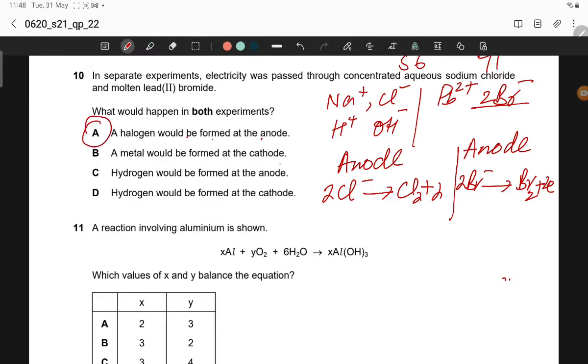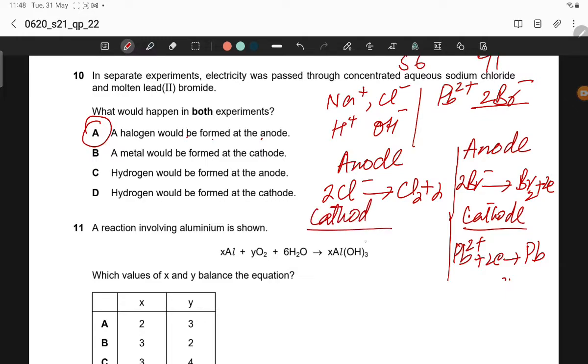A metal would be formed at the cathode. No, this is only true in the case of lead, because lead metal is formed at the cathode in lead(II) bromide, but it is not true in the case of sodium chloride, because hydrogen ions discharge at the cathode after gaining electrons.